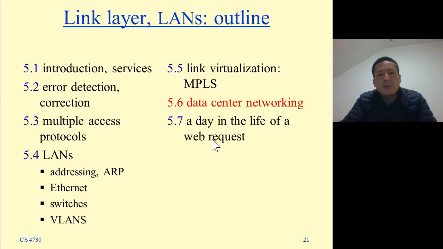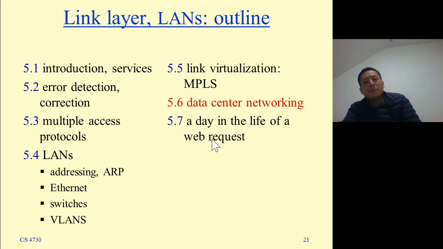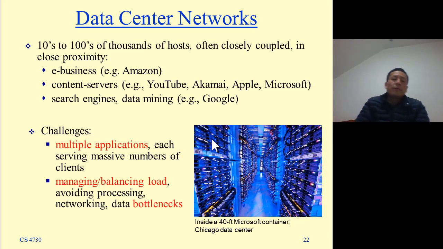So the next topic is data center networking. We kind of skip the MPLS part. Data centers are nowadays very common everywhere. Every big company like Google, Facebook, Microsoft, they all have data centers.